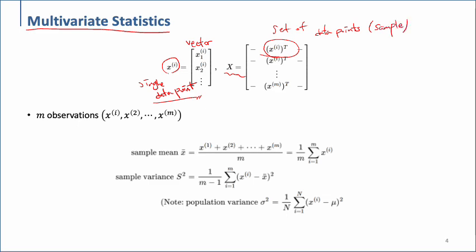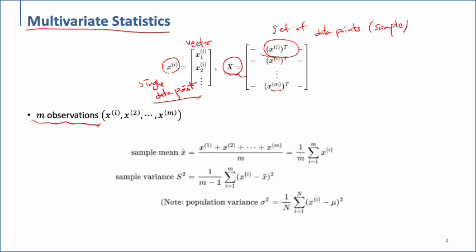Here we have m data points, so we have m samples. That means we have m observations, and based on the m observations, we collected a set of m data points.